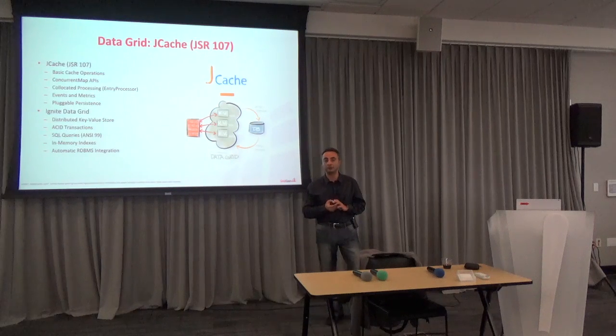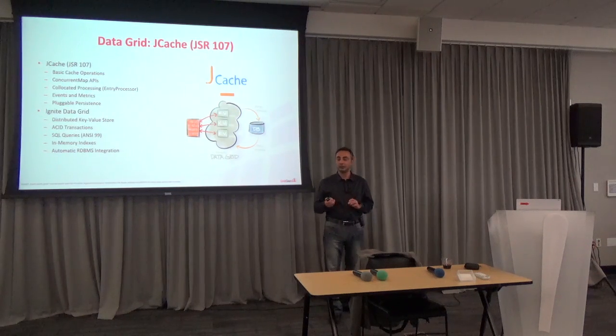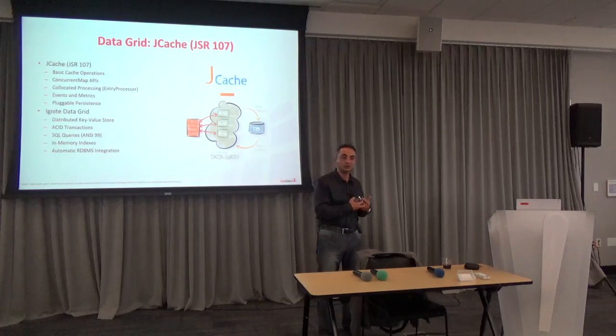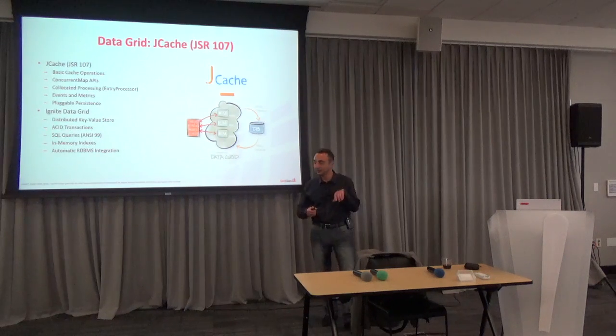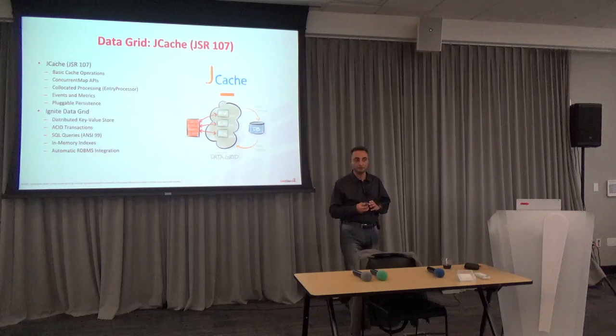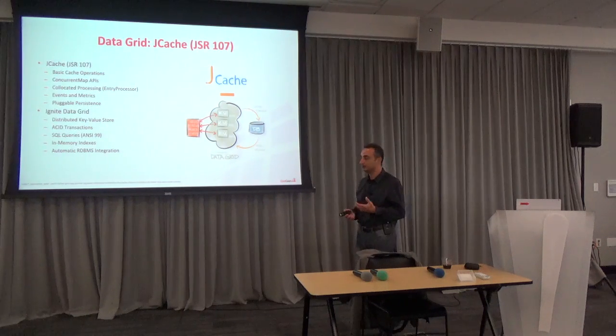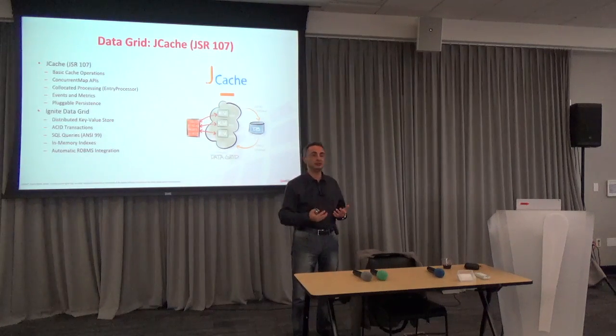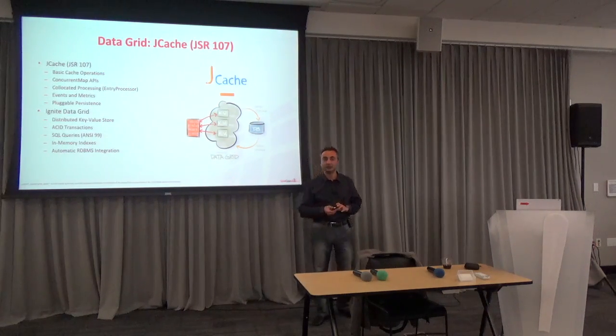It's a JSR 107 standard, which essentially provides a concurrent map-ish API with many concurrent operations, ability to collocate primitives and methods to collocate compute with data, etc. But a very nice and neat API to use to get started and to interact with the DataGrid.